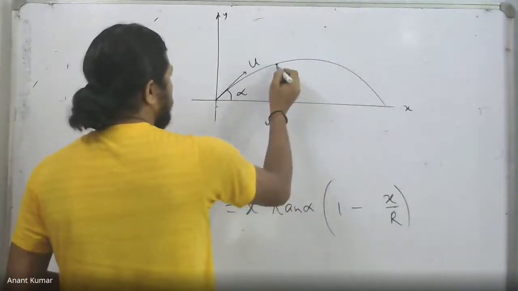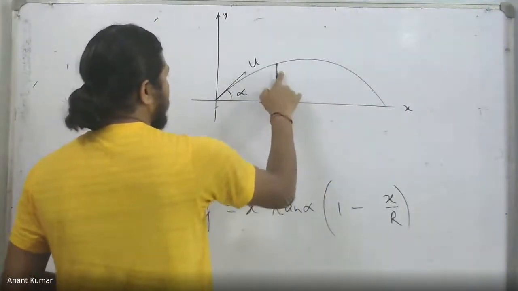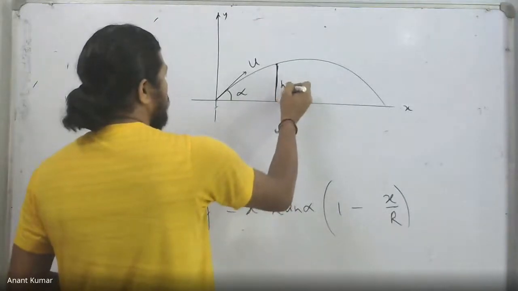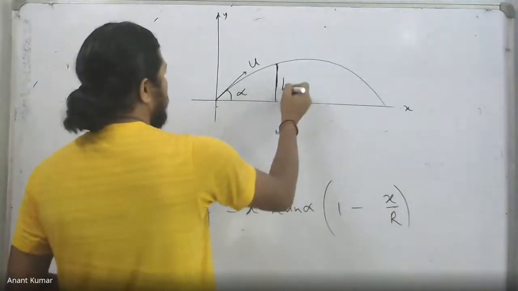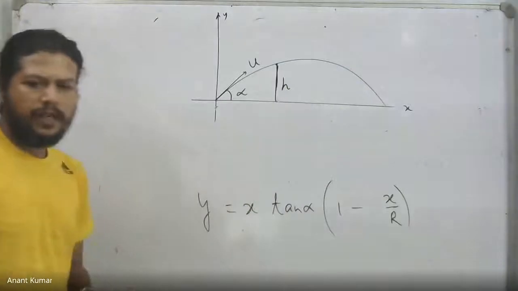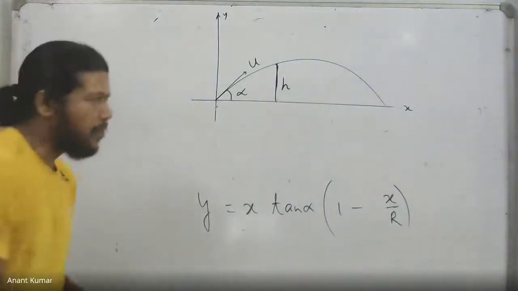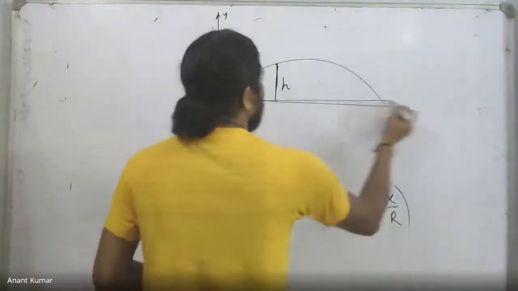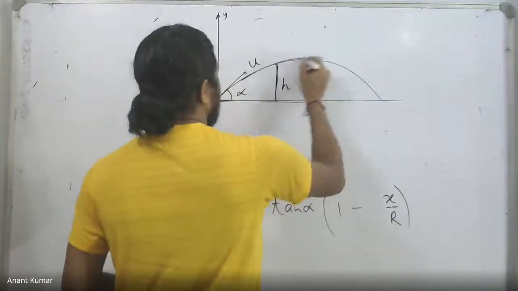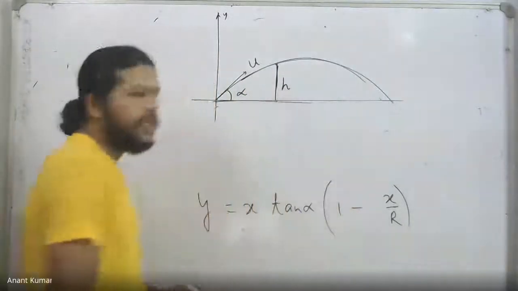So I just take up some point which is at a height h from the ground, small h. At this particular point, if I figure out the speed of the object, what will be that? How to figure the speed at this particular point?